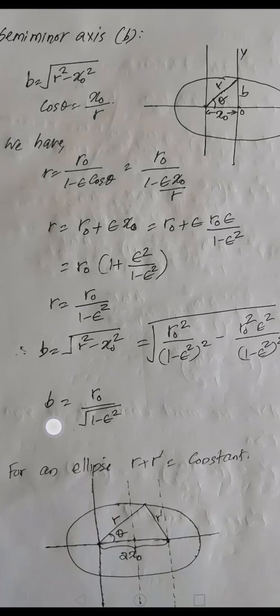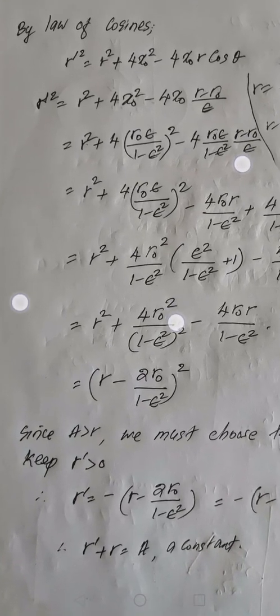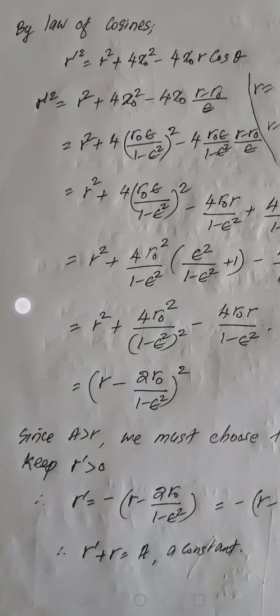where this is theta, so you can use the cosine rule. Okay, so using the cosine rule, r prime square is equal to, so some calculation, r square plus 4x0 square minus, that is a square plus b square minus 2ab cos theta.